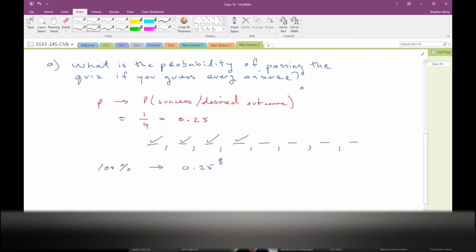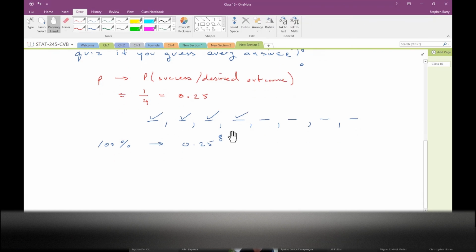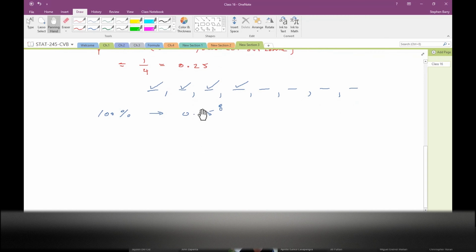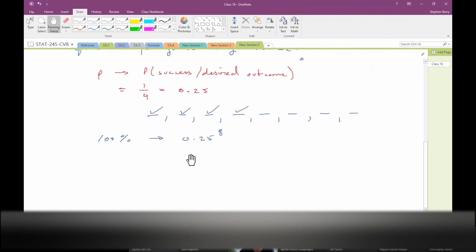But to just pass, this is where you have to enter the binomial equation, because to pass the quiz, you just need 4 out of 8. The probability of 4 out of 8 is more confusing because it's a combination issue. You could get these first 4 right, or you could get this one right, this one, this one, and this one.